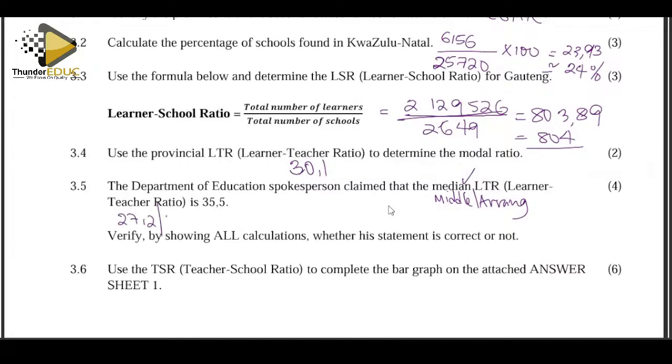Then we have 28,5, 28,9, 29,4, then 28,8, 28, 29. We go to 30,0. Then we have 31.